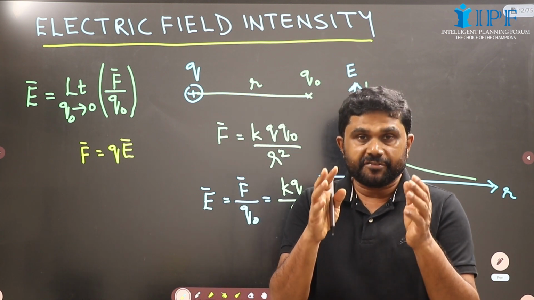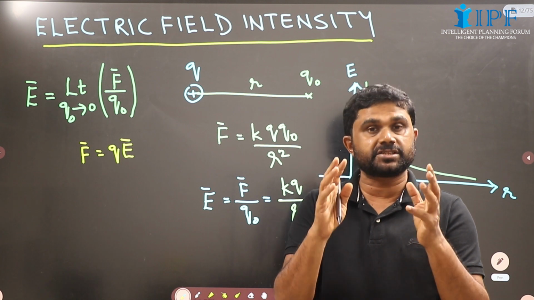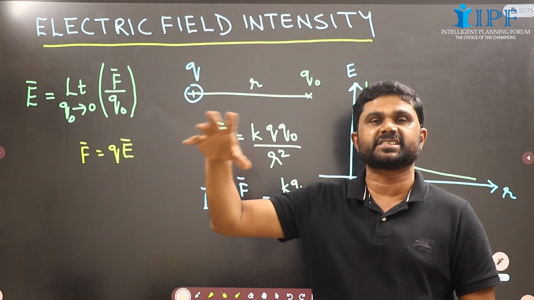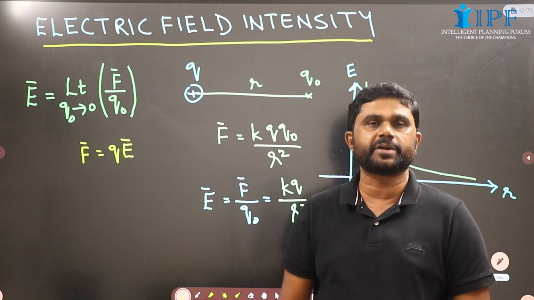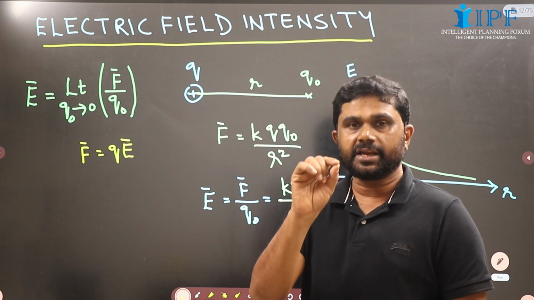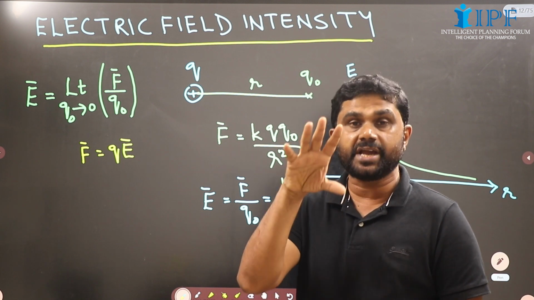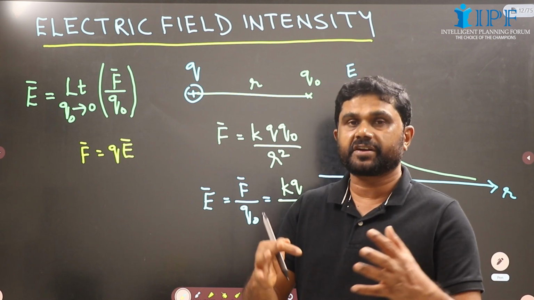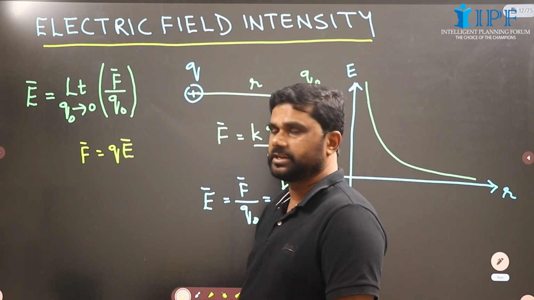If capital F is the force on that test charge Q0, then Q0 coulombs experiences a force capital F. Then 1 coulomb experiences F by Q0, and the test charge Q0 must be as small as possible in order to get a perfect value for the intensity of electric field.